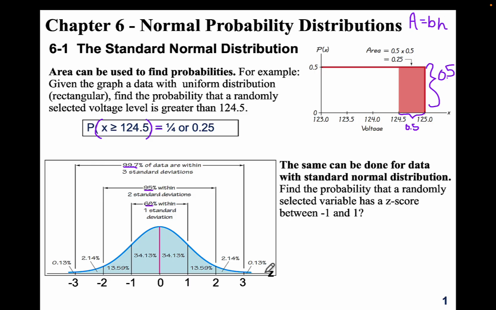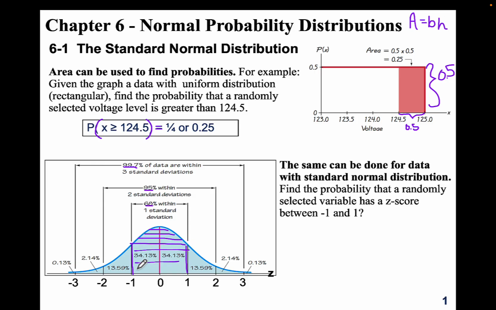So we're going to do the same thing. We're going to find what percent of the bell is shaded in. For this one, they want us to check between -1 and +1. So we're being asked, what's the probability of randomly selecting a data value and it being in this shaded region?